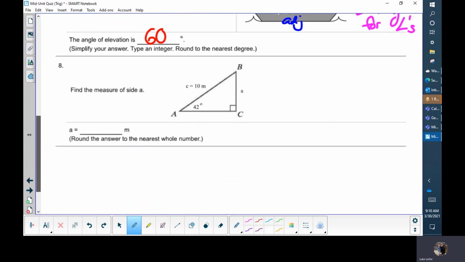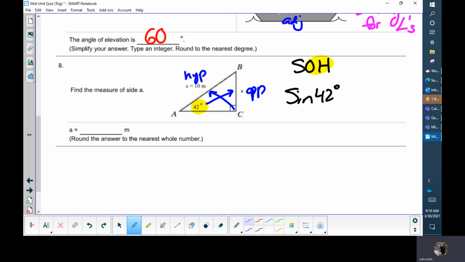Okay, next one. Ooh, different one this time. Here's my reference angle. This is opposite. This is hypotenuse. So this time it's the SO part, opposite and hypotenuse. So the sine of 42 degrees, which is just a decimal pre-programmed in my calculator, is A, opposite over hypotenuse.